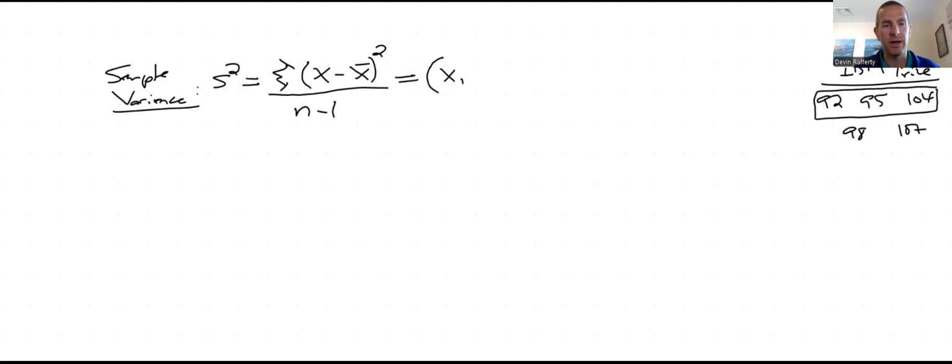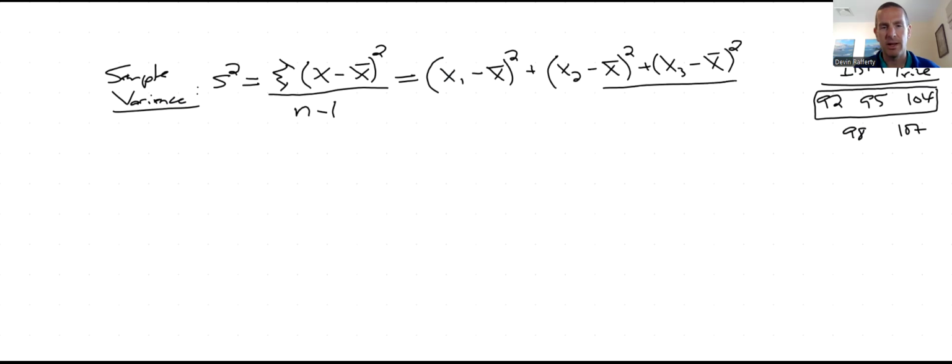So this is x1 minus x bar squared plus x2 minus x bar squared plus x3 minus x bar squared, divided by n minus 1, which will be 2.